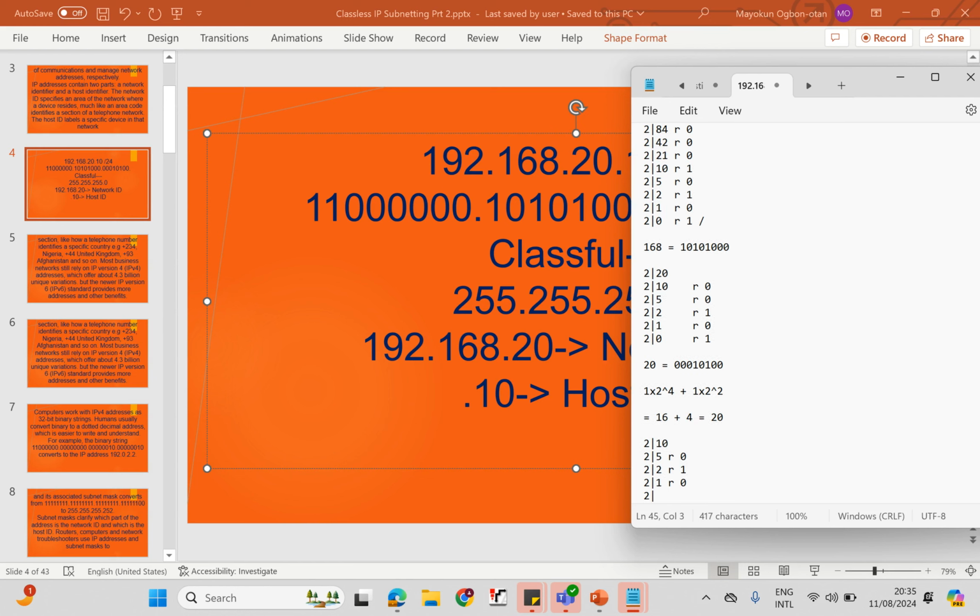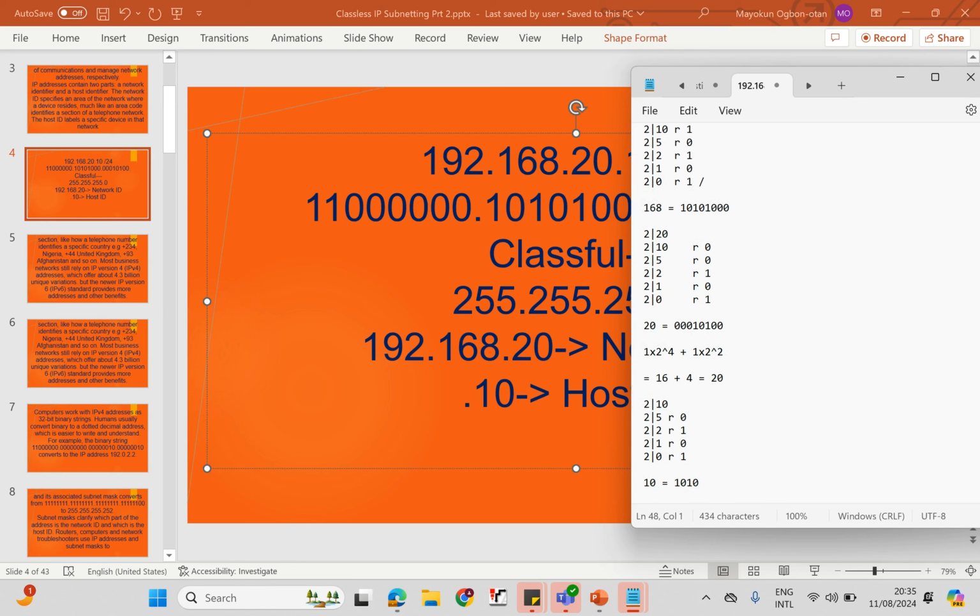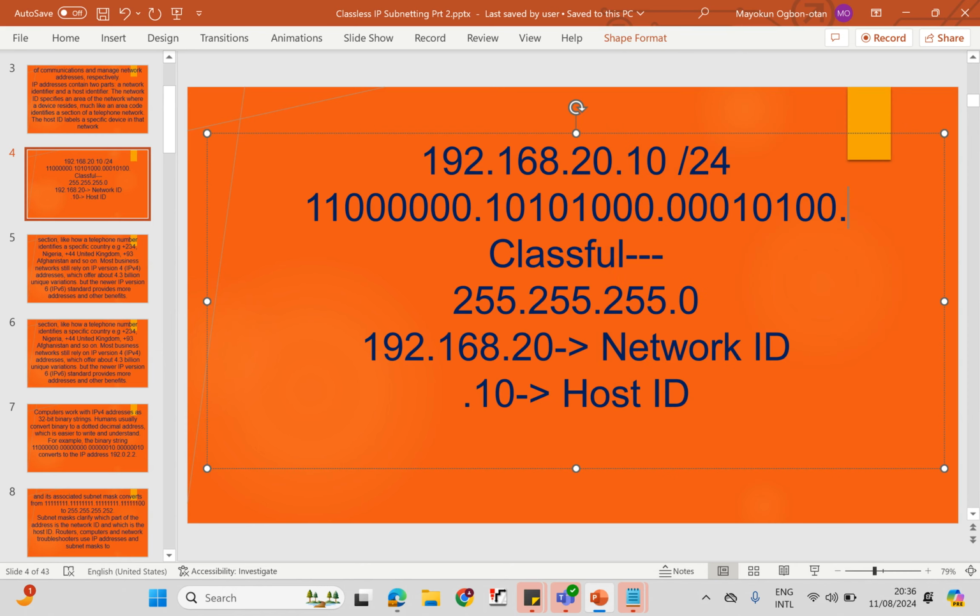And 2 goes in 1 is 0, remainder 1. So the same way, 10 now will be equal to 1, 0, 1, 0. However, we add the remaining 0s to the front. So it's going to be 0, 0, 0, 0, then 1, 0, 1, 0. So this is going to be the binary format for the dot 10.